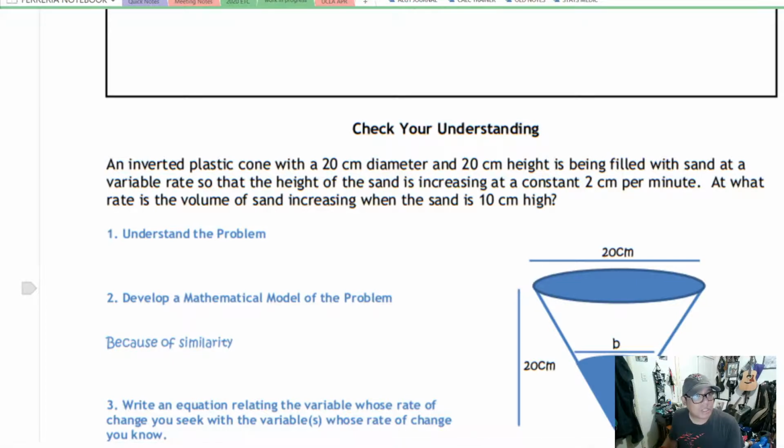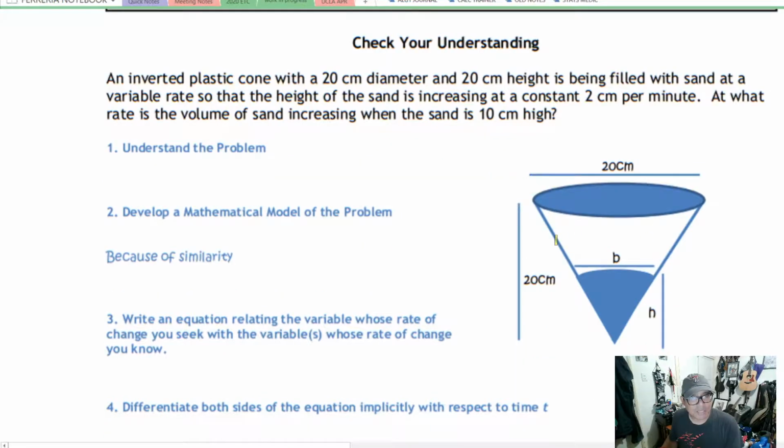So, let's unpack this a little bit. We see the rate that the volume of the sand is increasing. That's a dV/dt. We have the height of the sand increasing. That's a dh/dt. And notice that here we have a cone inside of a cone again.